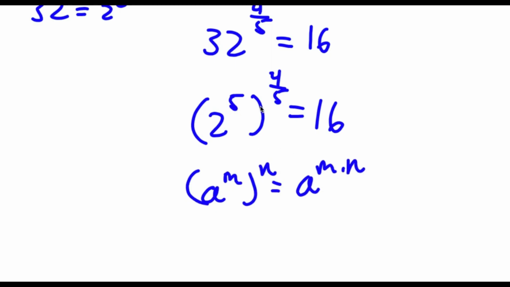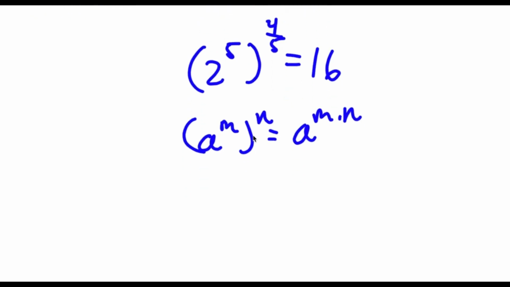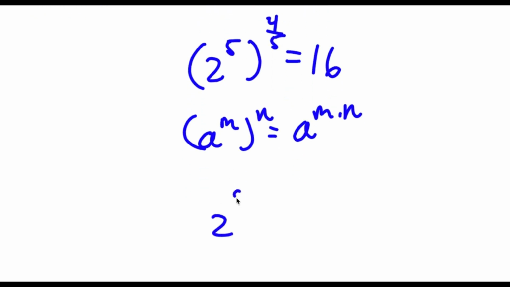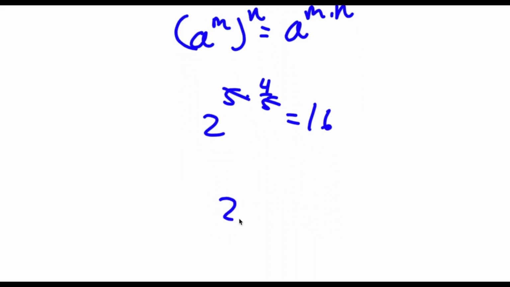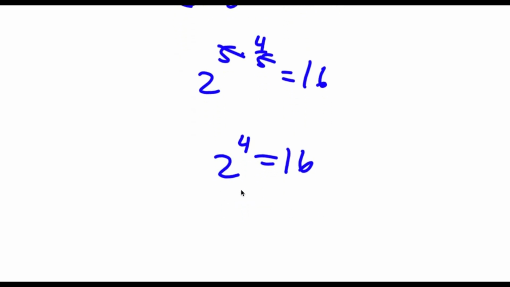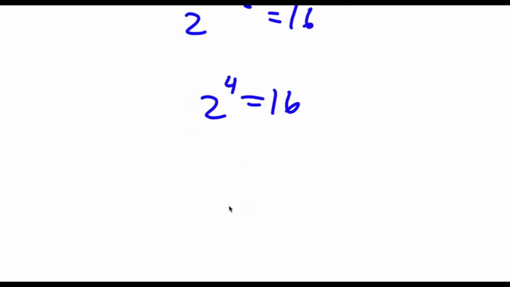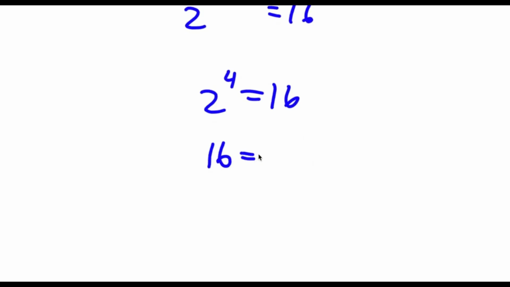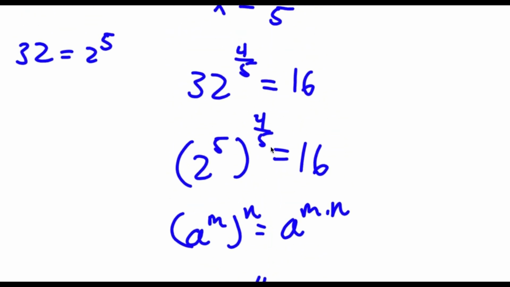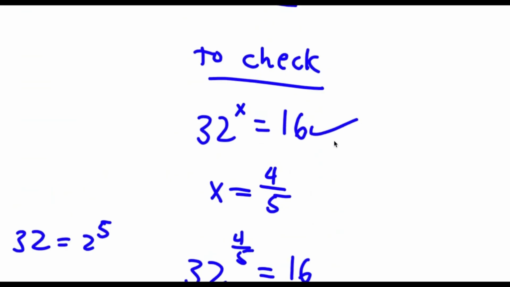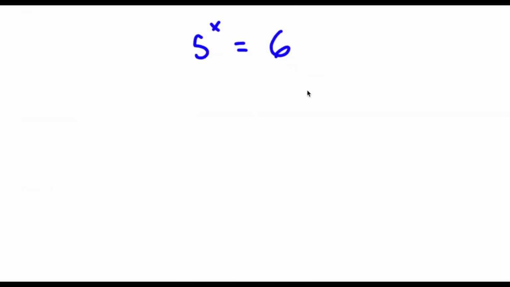So 2 to the power of 5 to the power of 4 over 5 is going to equal 2 to the power of 5 times 4 over 5. And 5 times 4 over 5, these two cancel out. So I'm left with 2 to the power of 4 is equal to 16. And 2 to the power of 4 is equal to 16. So I have 16 is equal to 16. And because this is right, my solution here is right as well.